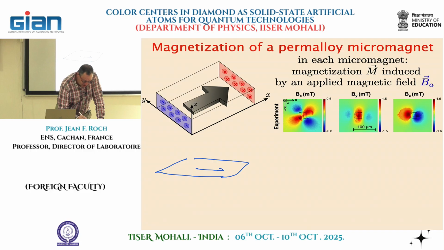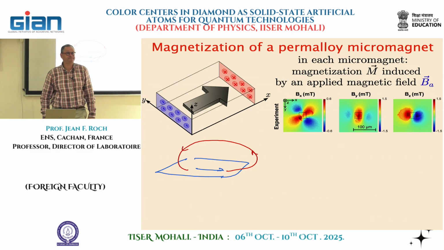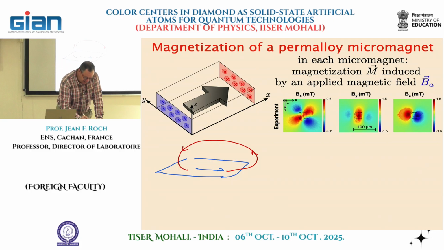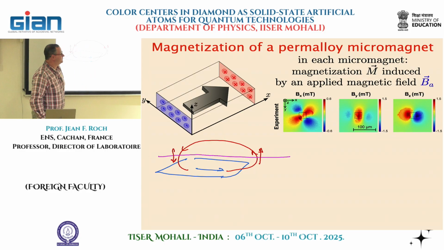If I look at the magnetic field, I know that it will have this shape. If I put the NV layer on top of it, I will see in this direction a magnetic field like that, and in the other direction a magnetic field like that.